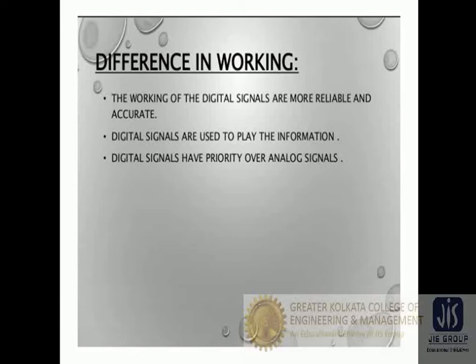But in this case, I want to say something: the whole world is analog.